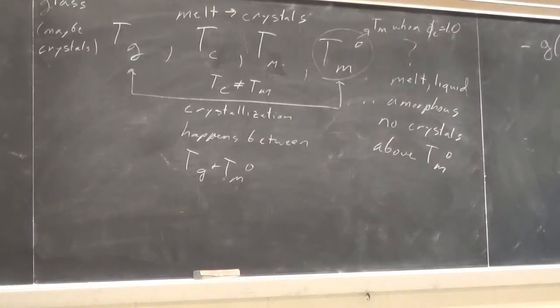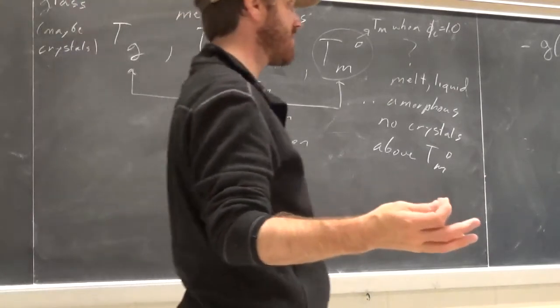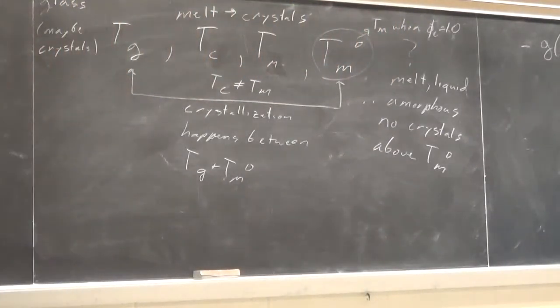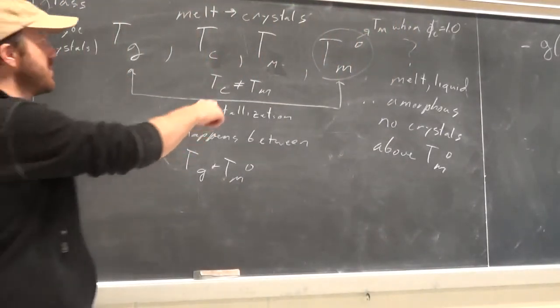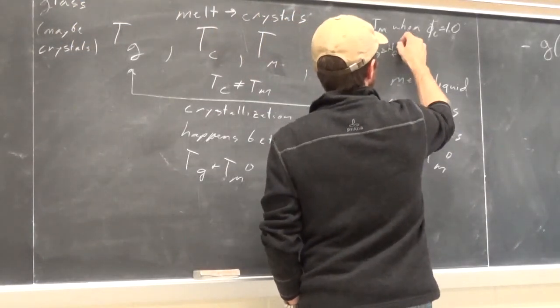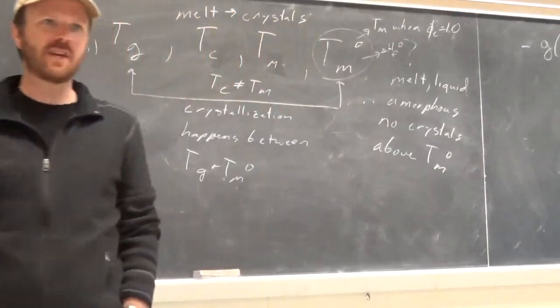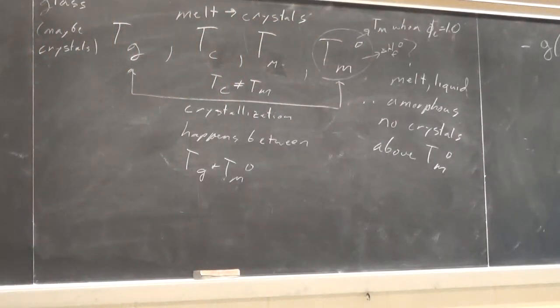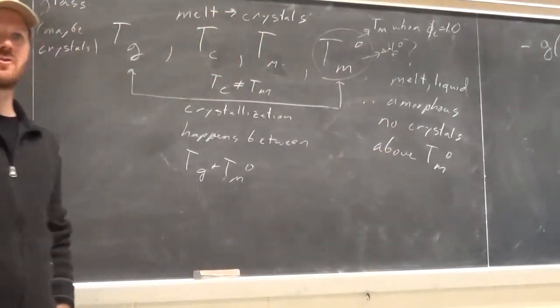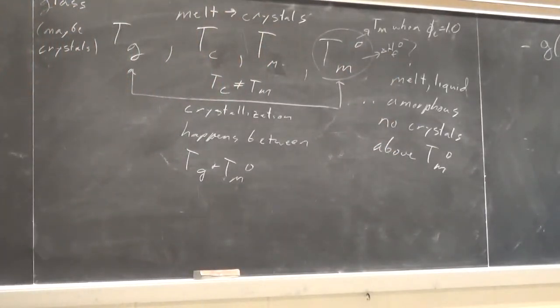No, that's right. And so TM0 is just a theoretical point. So if the whole polymer was 100% crystalline, that would be the melting point. And so TM0 is actually where delta HF0 is as well. Right? The heat of fusion of 100% crystalline polymer is delta HF0, and we need to look up these two numbers, or we need to extrapolate from experimental data.